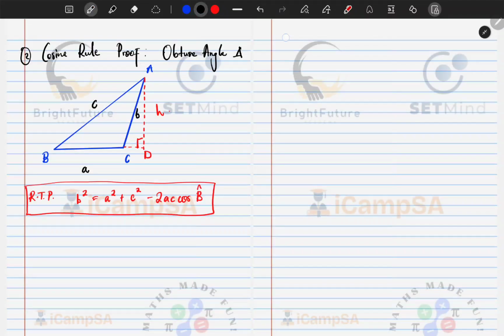Remember, this is angle C, that means that this angle right here is going to be 180 minus C. Now what I'm going to do is start with this triangle, because it's this very same angle that will give me b squared, which forms part of the subject of the formula that I am required to prove.